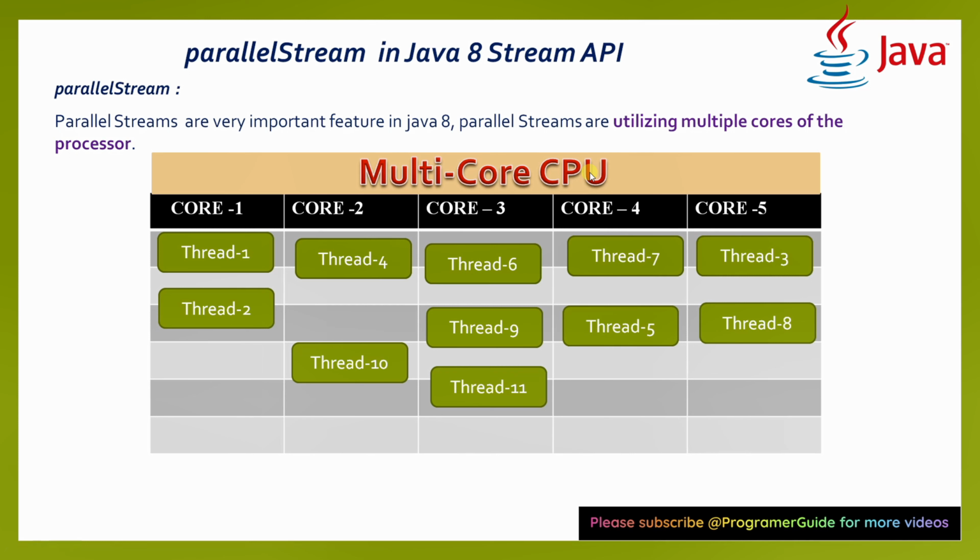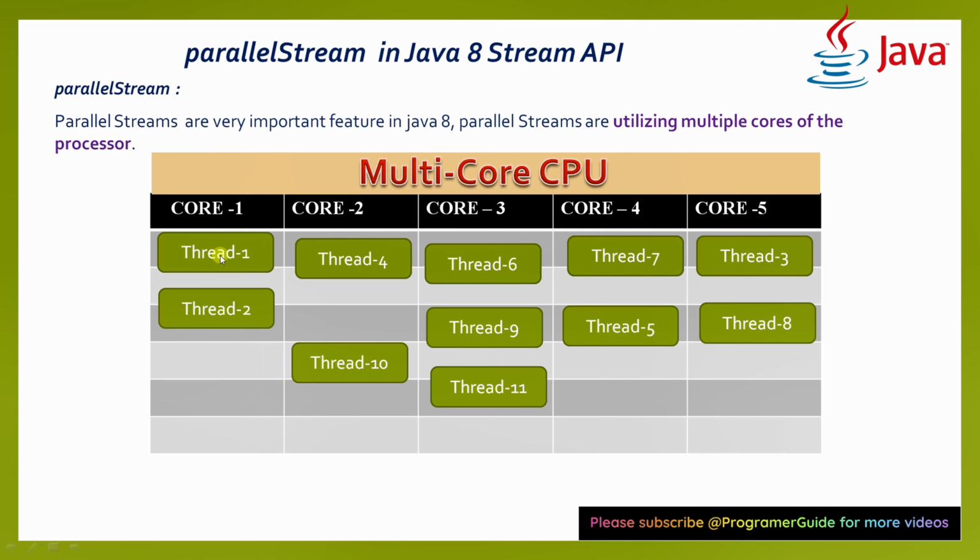Here I have taken 5 cores, core 1 to core 5, as an example. If you take normal streams or sequential streams, they work on a single core, but parallel streams execute on multiple cores.